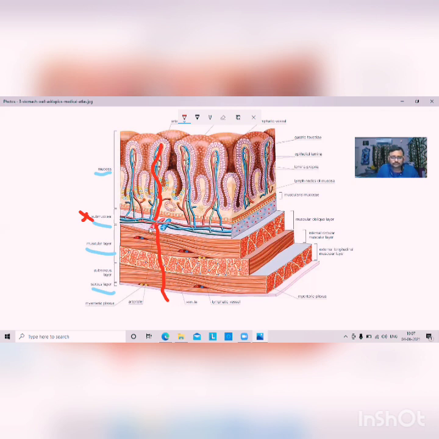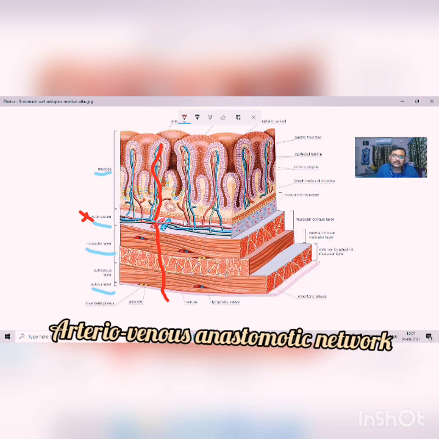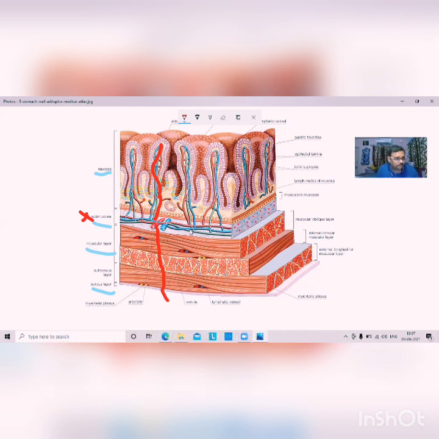Also, at the submucosal layer, there is an intense arteriovenous anastomotic network present. This arteriovenous anastomotic network has dilated channels. These dilated channels become more dilated where there is persistent hyperchlorhydria.